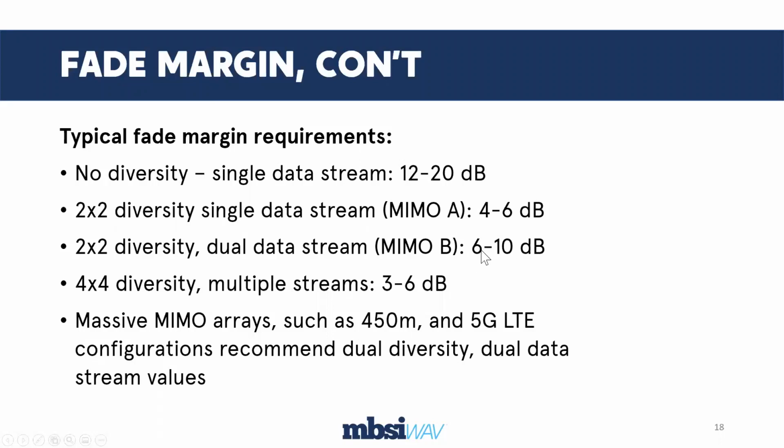So 6 dB here seems to be a common factor. If we go less than 6 dB, then as long as the range is really short, we're okay, because as we showed already, the farther we go, the wider this gap, this fade margin, needs to be in order to support it.